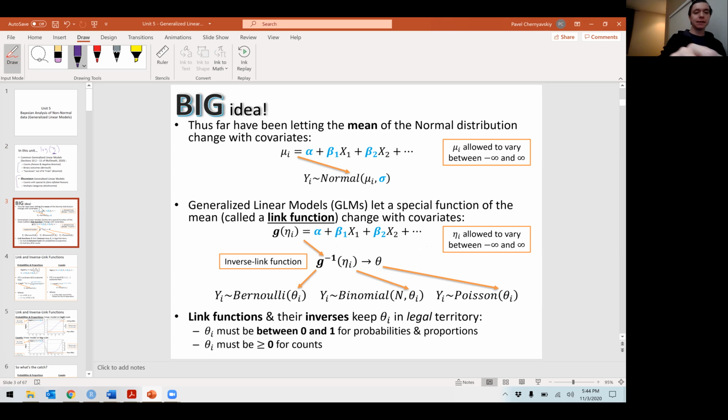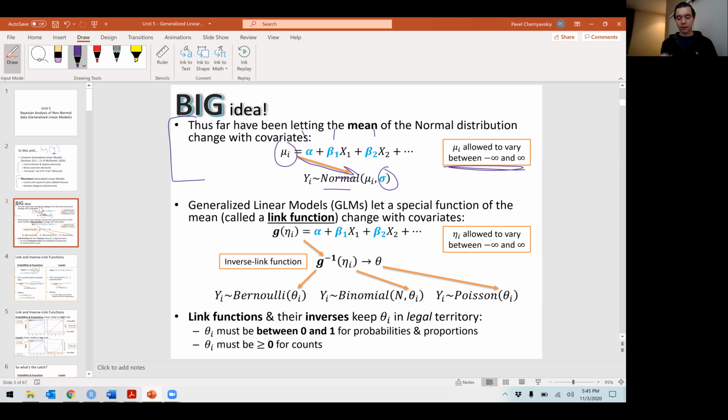This has been our world to date. We have a linear model. We specify priors for the intercept, all the coefficients, and our sigma standard deviation. Because we simply take this mean and plug it into a normal distribution, the mean is allowed to be anywhere from -infinity to infinity, because the normal distribution is defined between -infinity and infinity.